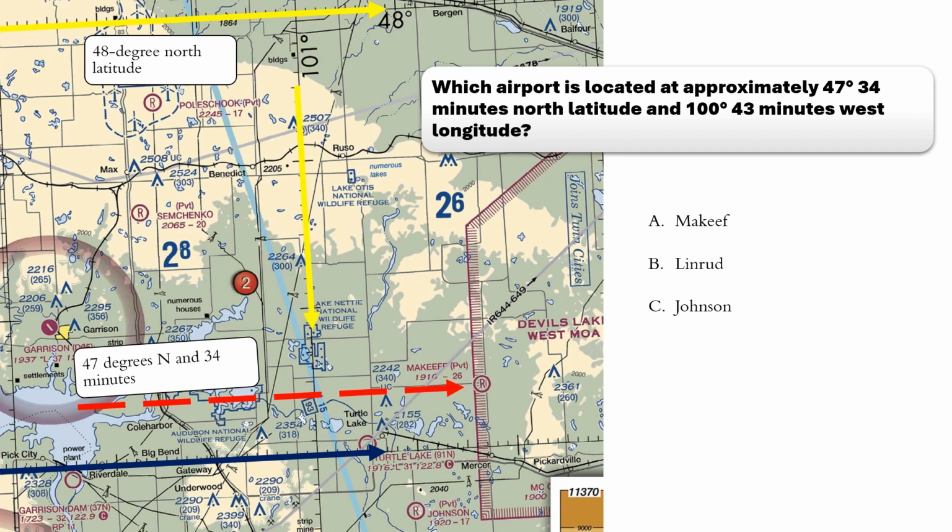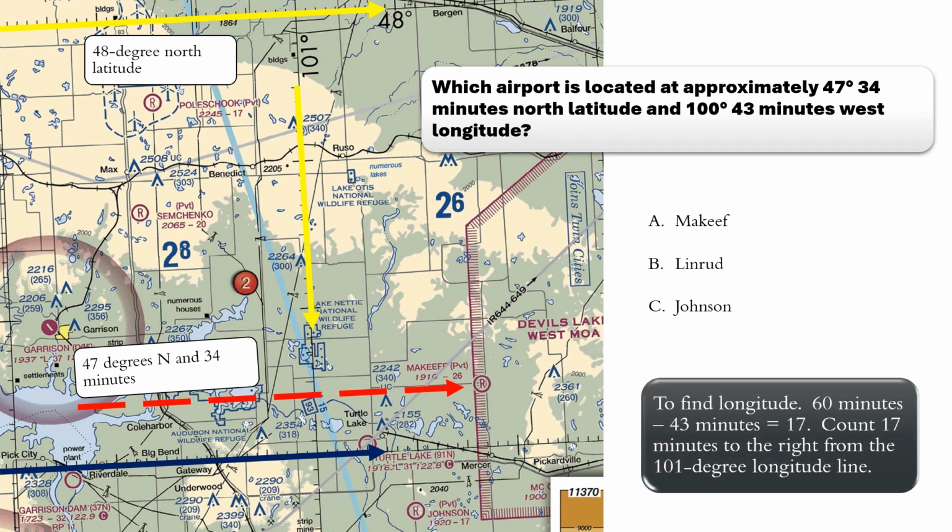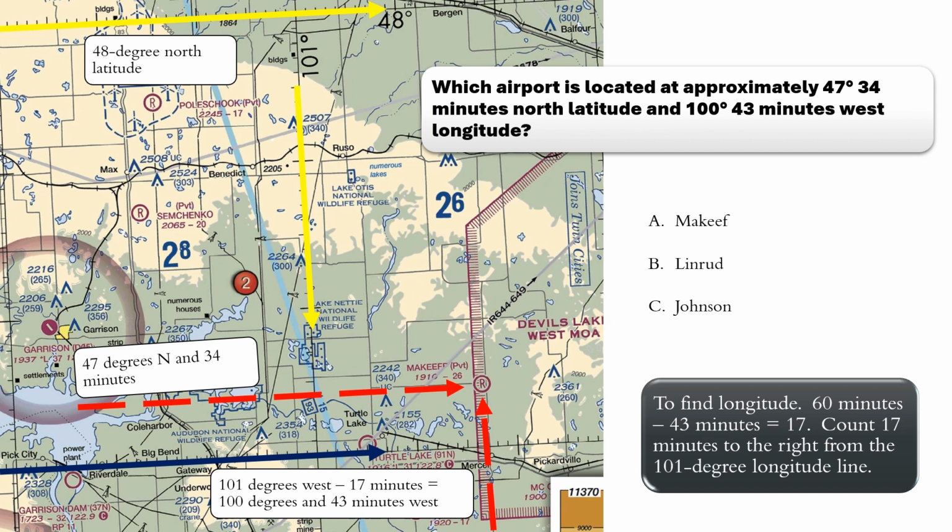Since there are 60 minutes between 101 and 100 degrees and the question is asking us to locate the meridian line at 100 degrees and 43 minutes, we can subtract 43 from 60 to get 17. Just count 17 tick marks to the right to find the correct longitude line as illustrated by the red dashed arrow. We can see that the red arrows intersect at McKeef Airport, so the correct answer is A.